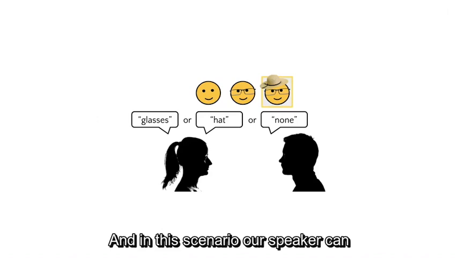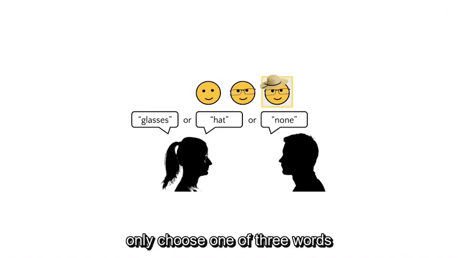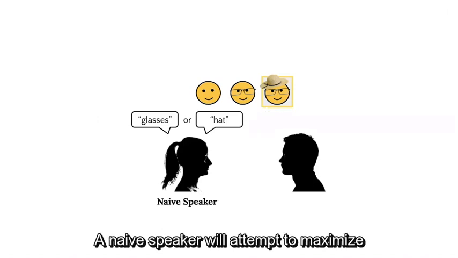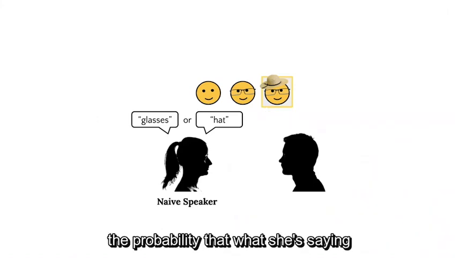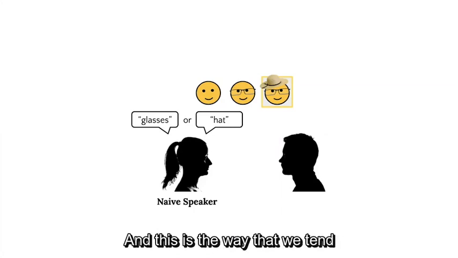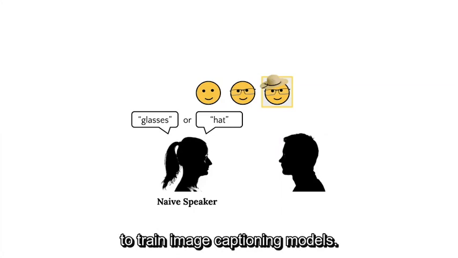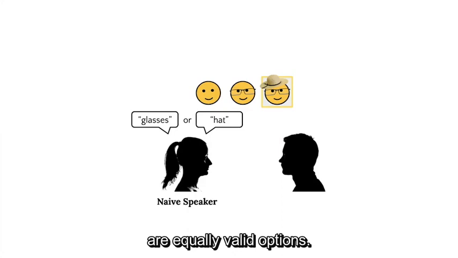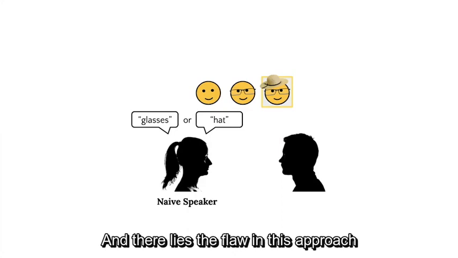And in this scenario, our speaker can only choose one of three words, which are hat, glasses, or none. A naive speaker will attempt to maximize the probability that what she's saying is strictly true of the friend she's referring to, and this is the way that we tend to train image captioning models. So according to the naive speaker, in this case, both glasses and hat are equally valid options. And there lies the flaw in this approach.